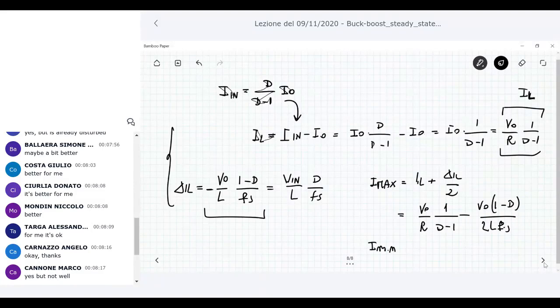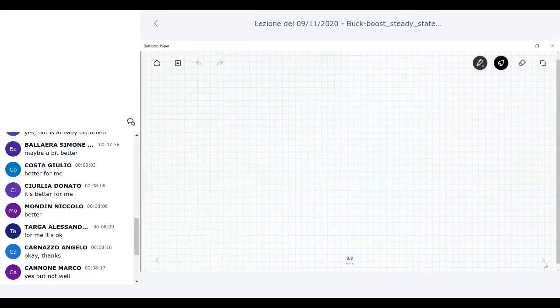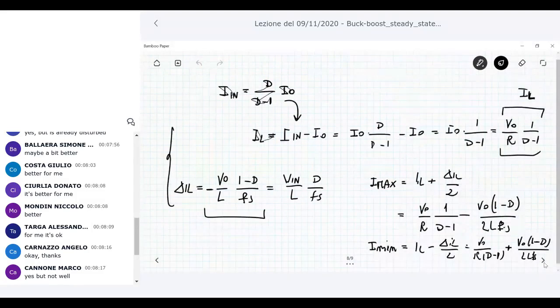The minimum current should be the average value minus half the value of the ripple current, so it is V naught over R times 1 over D minus 1, plus V naught times 1 minus D over 2 L fs. Okay, so using these two expressions, we can derive the maximum and the minimum value.